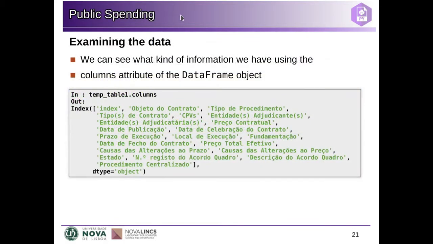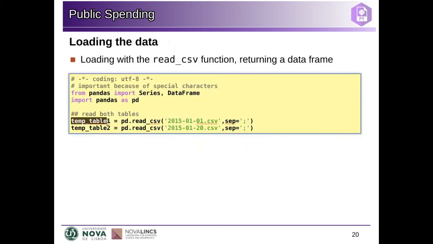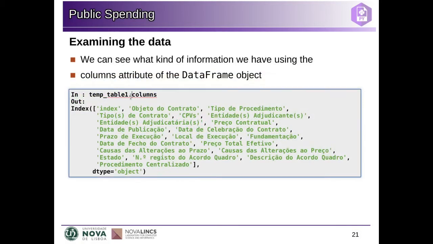Now we have these two temporary tables, table 1 and table 2, with the two files. If we look at the columns that are present in table 1, this columns attribute gives you, in this case an index object, but it's analogous to a list with the names of the different columns.